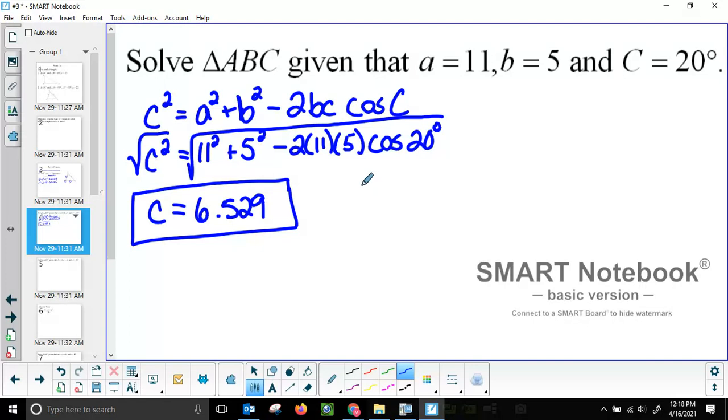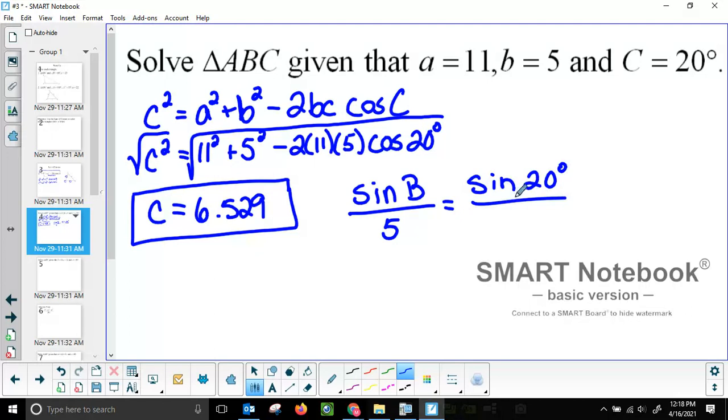So I'm going to use sine of B over side B is equal to sine of C over side C. Now I know that this is a rounded number here, but we don't have a choice. We have to use it. So if you have to, you have to.